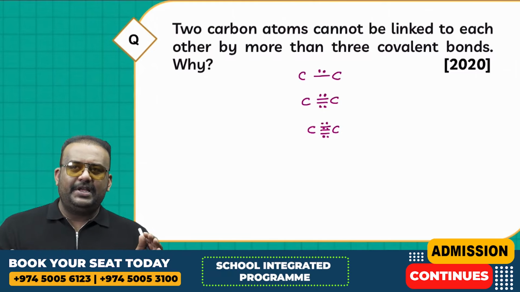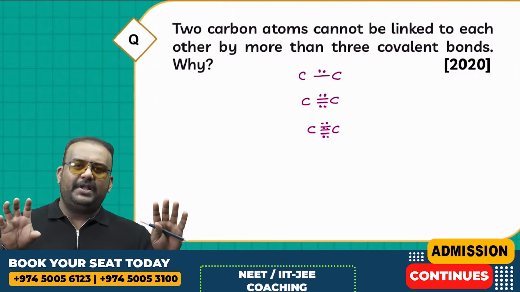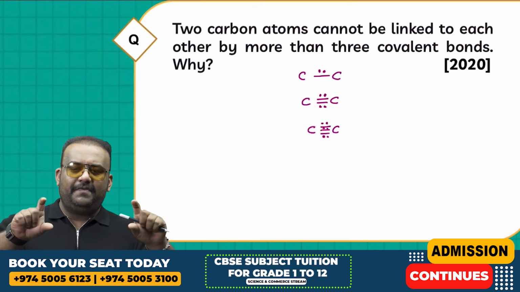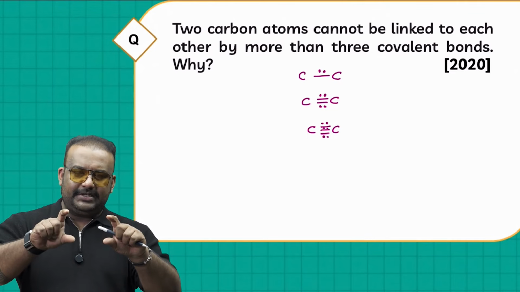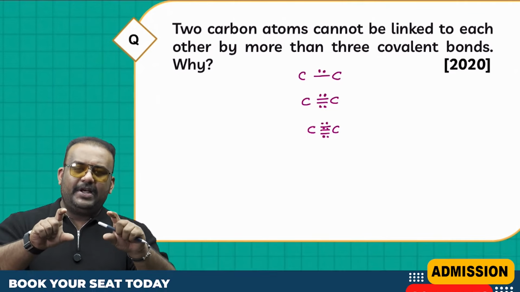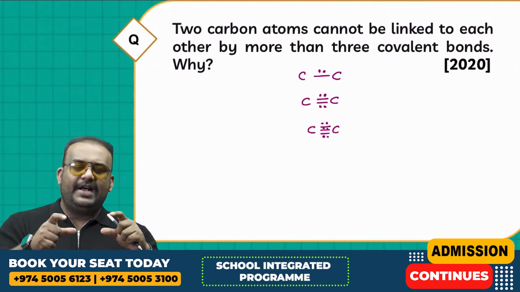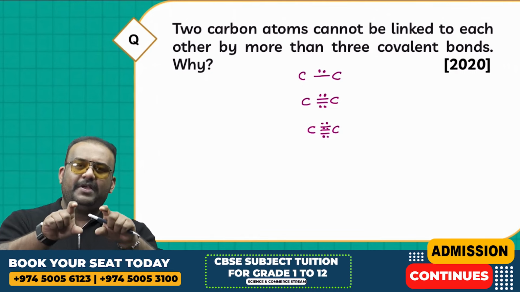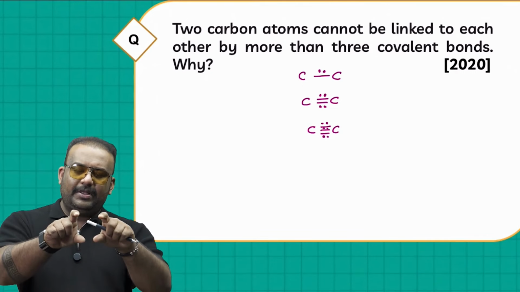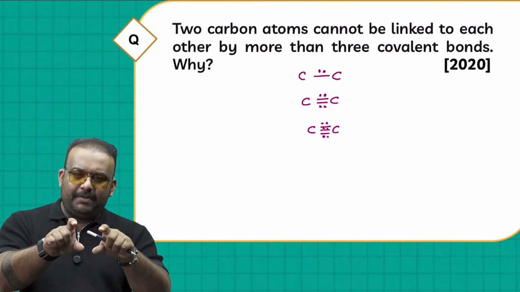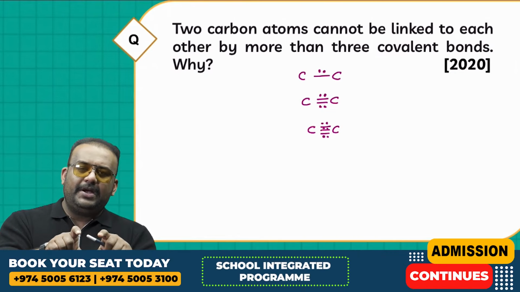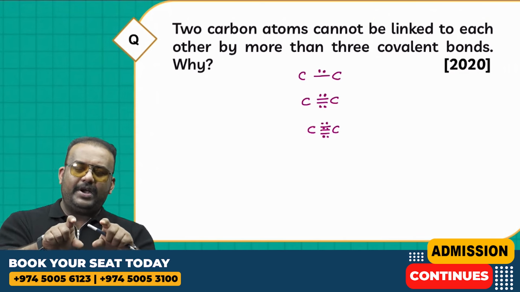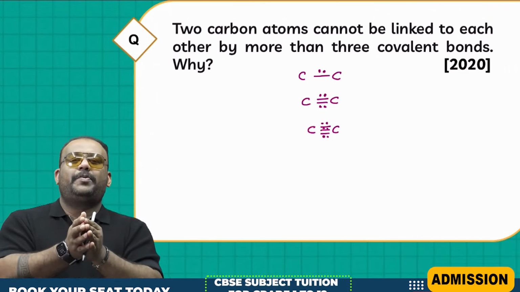So, what you need to understand here is the single bond between carbon and carbon has some distance between the carbon atoms. A double bond will have a little shorter distance because more electron sharing is happening. As a result, they will be closer to each other. A triple bond will have more proximity, or the distance between the two carbon atoms in a triple bond will be less compared to a double bond or single bond. So a triple bond is already having two atoms in close proximity.